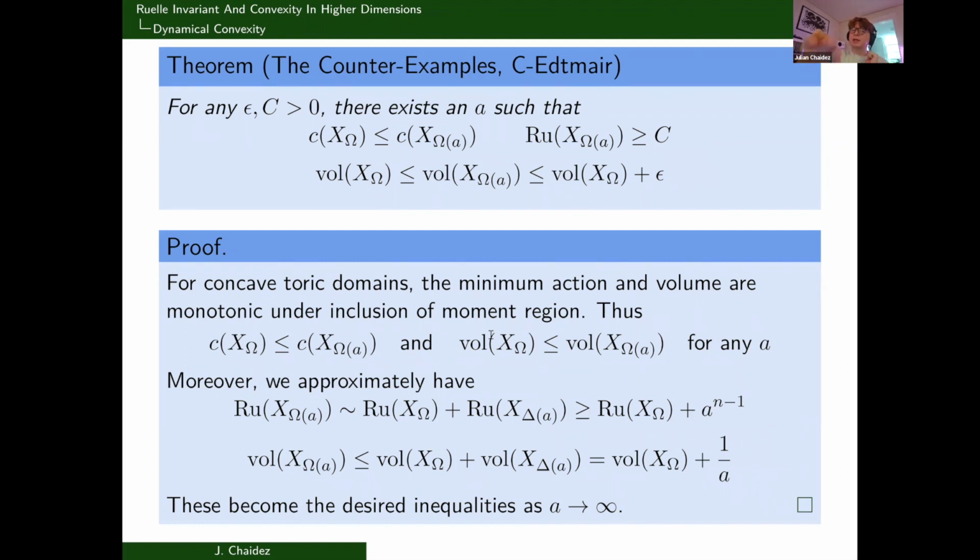Basically, if I take any concave domain and union it with a super flat ellipsoid, then if I take the ellipsoid to be flat and long enough, this operation will make the Ruelle invariant diverge while the volume and the systole stay the same. This is exactly the kind of behavior I want if I want to violate the Ruelle bound that I described earlier.